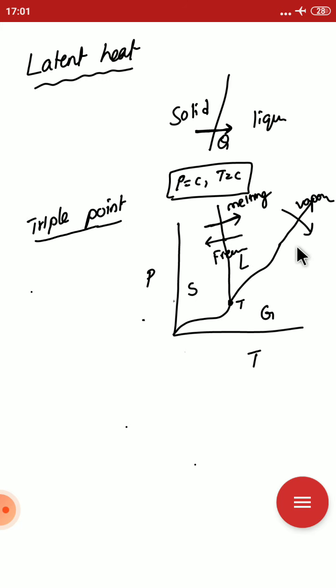If it changes from the gaseous state to the liquid state, it is condensation. If it changes from the solid region directly to the gaseous region, it is sublimation. If it changes from the gaseous state to the solid state, it is deposition.